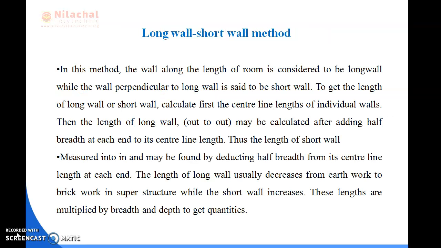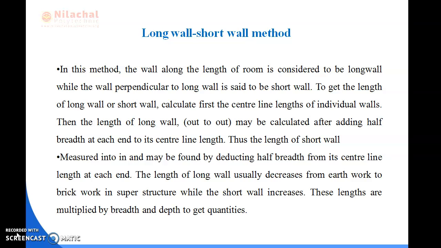The first method is the Long wall-Short wall method. Okay? In this method, the wall along the length of the room is considered to be the long wall, while the wall perpendicular to the long wall is said to be the short wall. To get the length of the long wall or short wall, first we calculate the center line length of the individual wall.